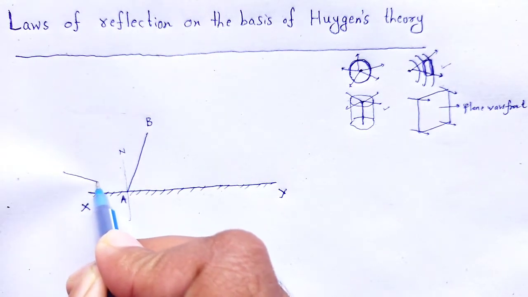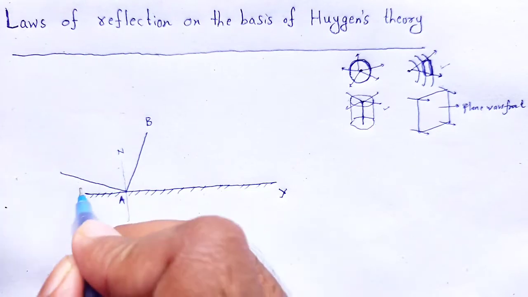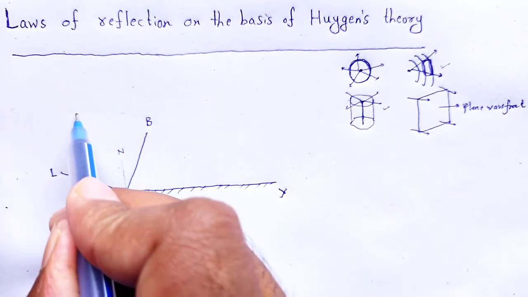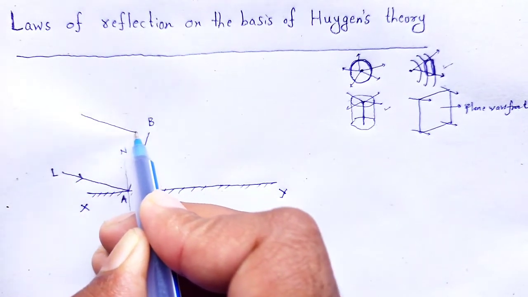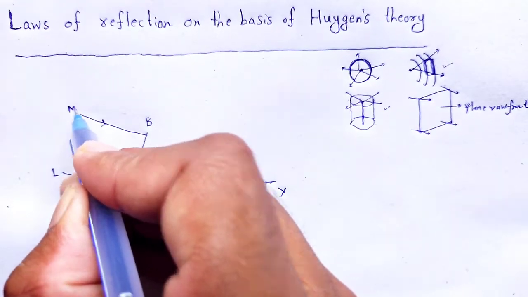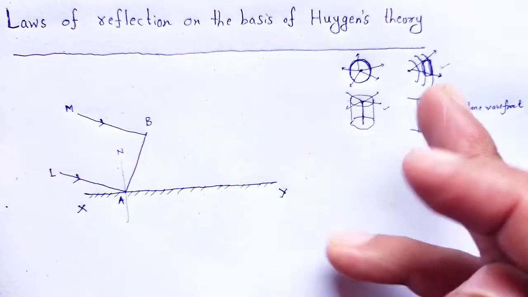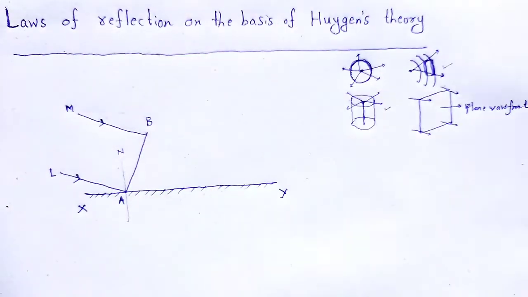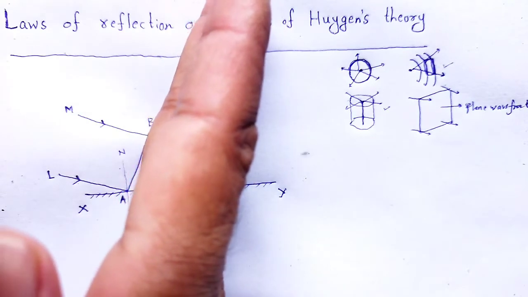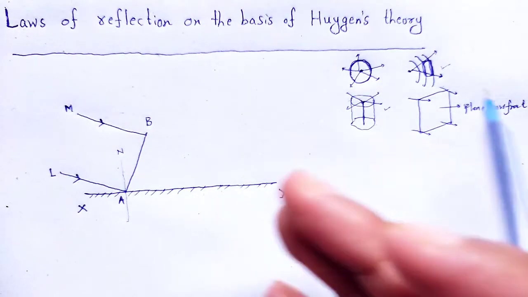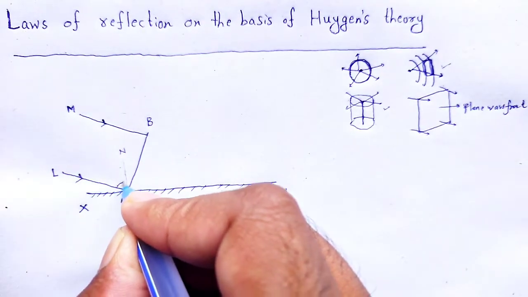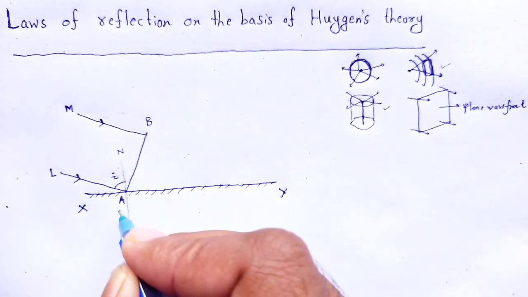Taking two rays, L and M. These rays are perpendicular to the plane wavefront, so the rays are perpendicular to it, and the angle between that ray and the normal is the angle of incidence.